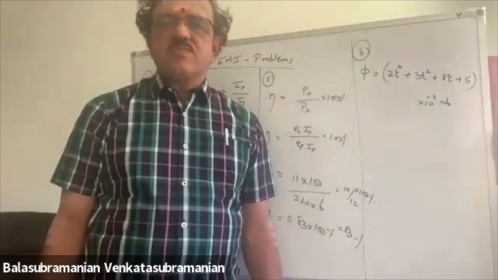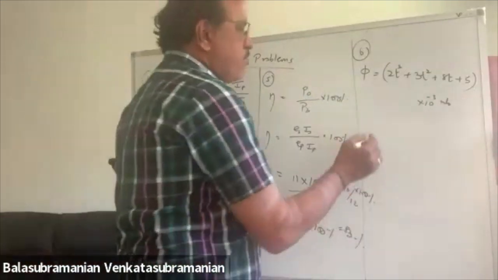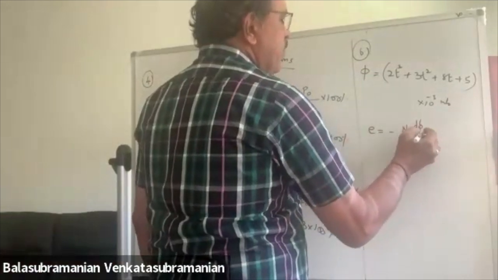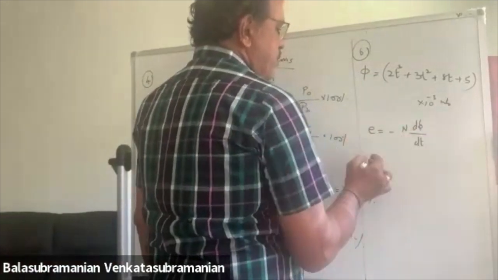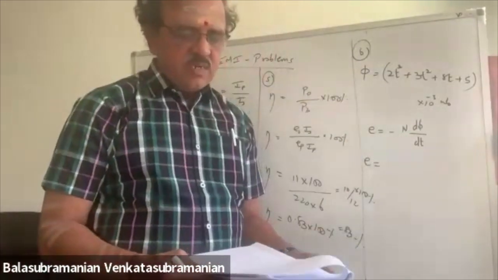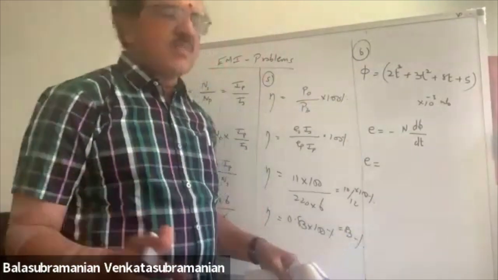This is the question. Induced EMF E is equal to minus N into d phi by dt. What is the number of turns given? Not given, not given means 1. That's all.